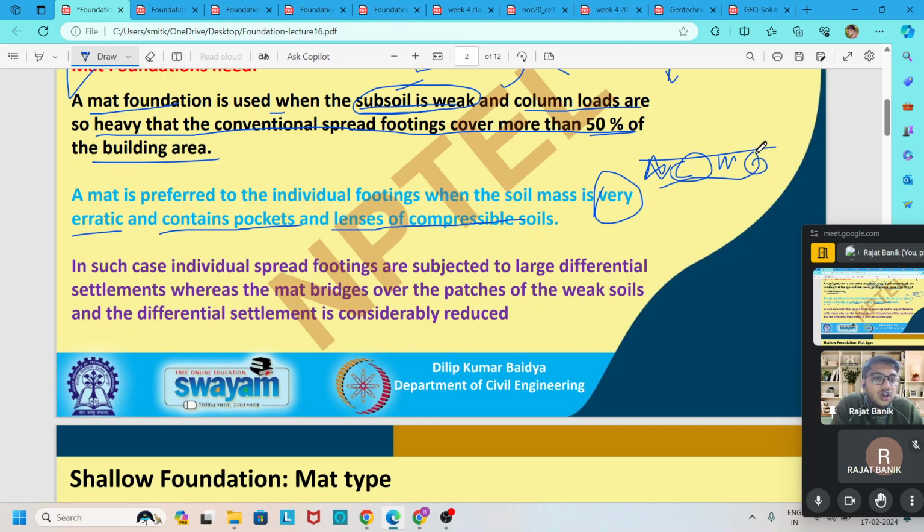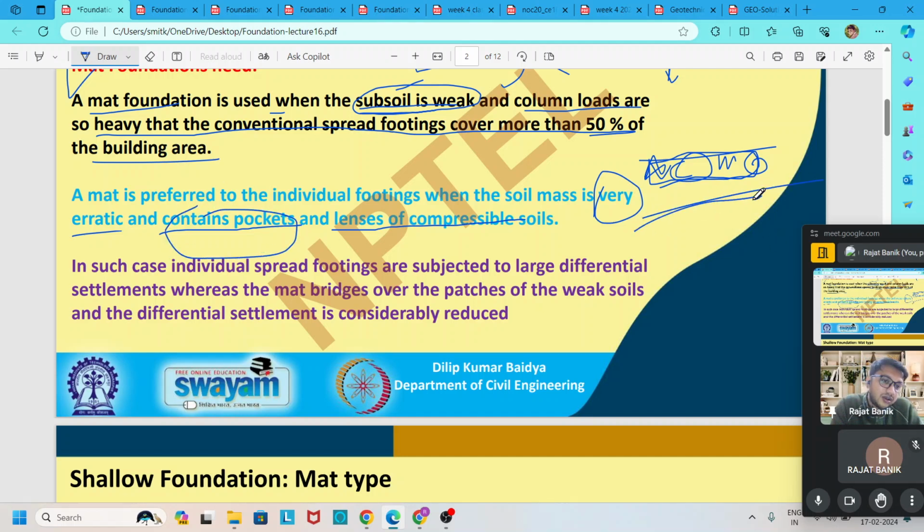So we don't know what happens next to our soil condition. Also, the strength of the soil changes very erratically, means changing regularly. Then we use this mat foundation. Again, it may contain some pockets. Pockets mean voids.